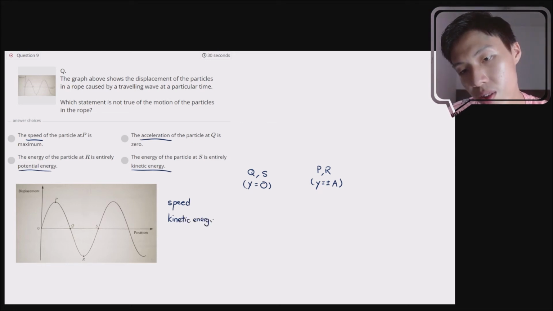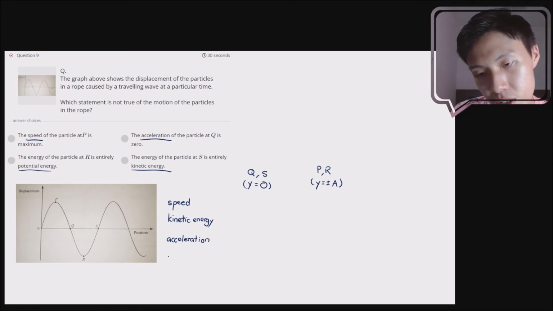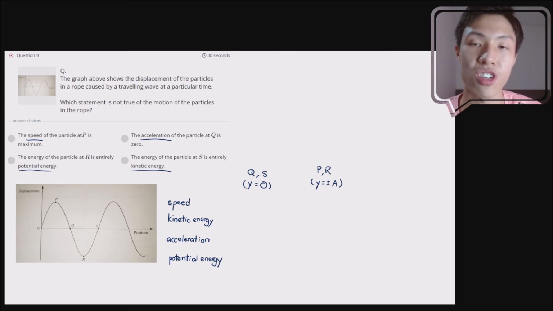And then you have acceleration. Acceleration is related to net force. Net force you can think of as related to potential energy because of the spring. If you think about a spring, the amount of stretch, the amount of compression determines your potential energy, right? Then it also determines the force, therefore it determines the acceleration as well.